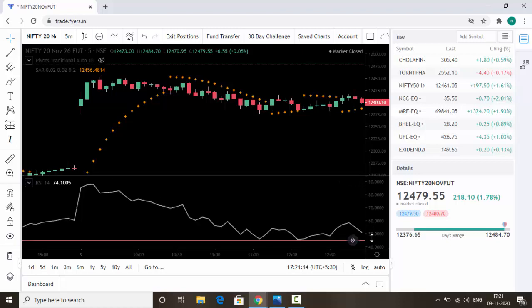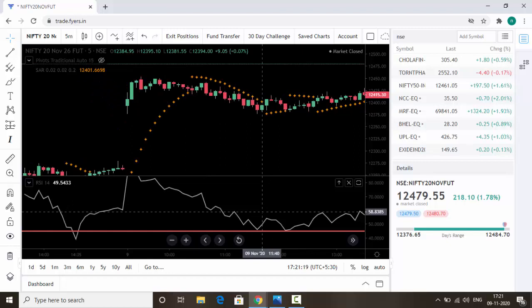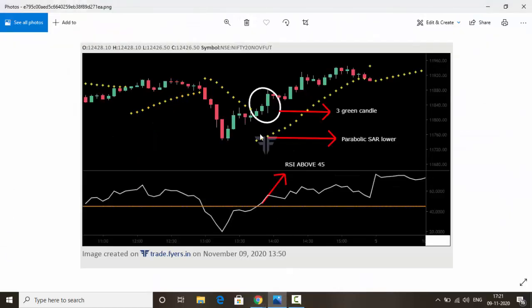Now we have set up the RSI and Parabolic SAR. Now the condition for buy and sell I will explain to you.